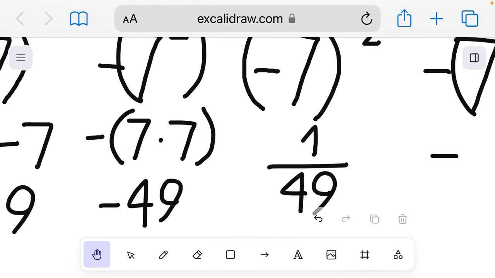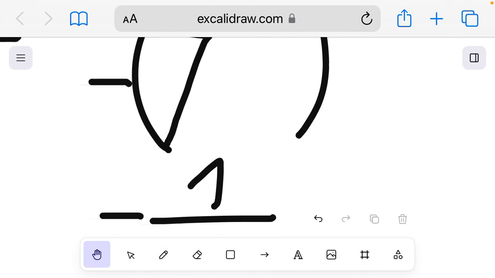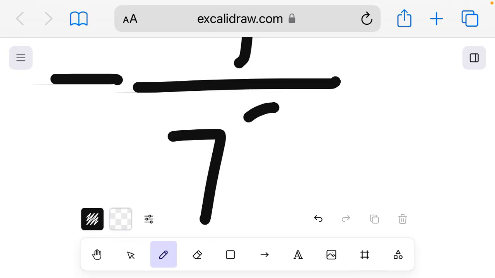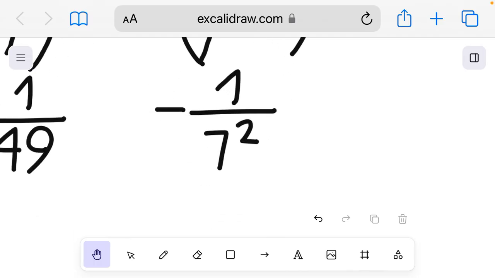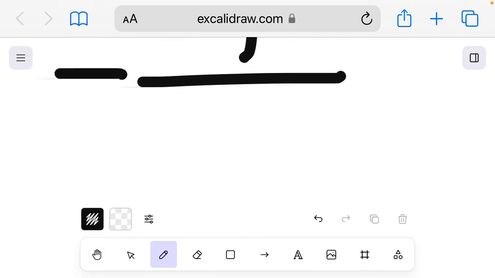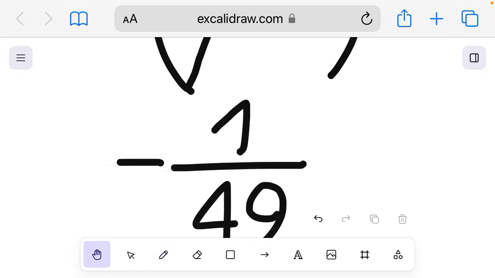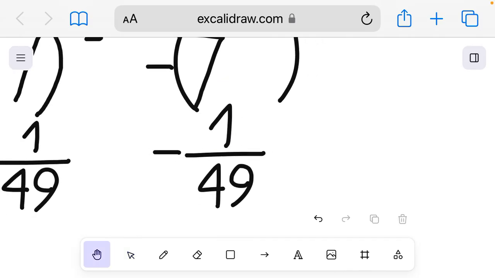So we have negative 1 over 7 squared. You already know what it is. 7 squared is 49. So the answer to the final problem of this set is negative 1 over 49.